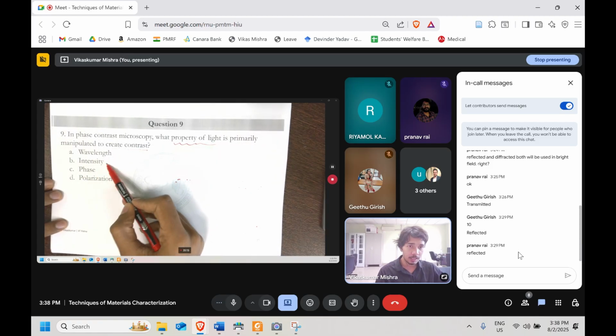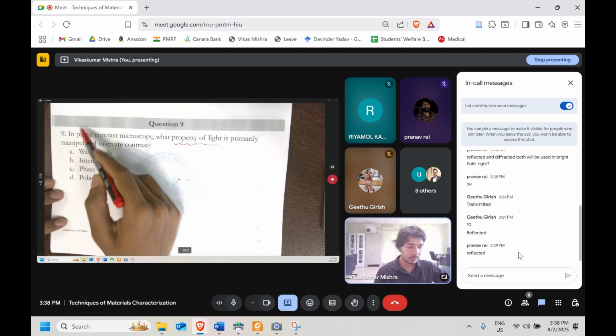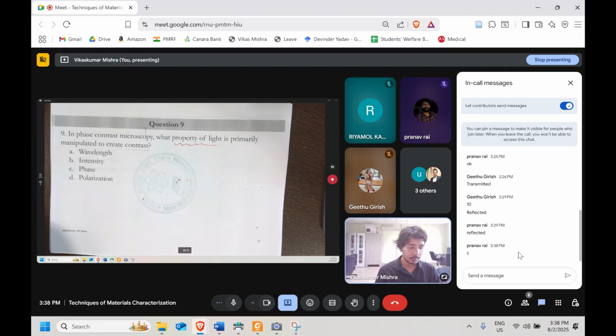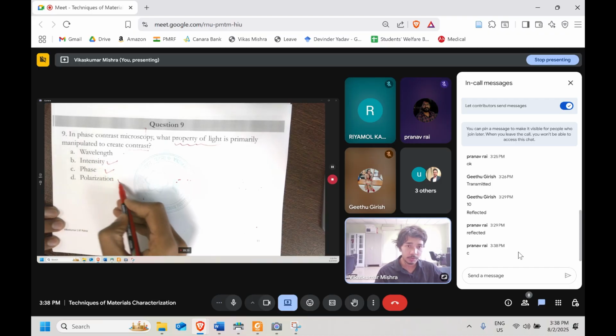Wavelength, intensity, phase, polarization. A, B, C or D, which one is correct?